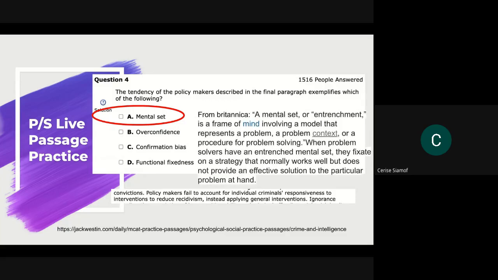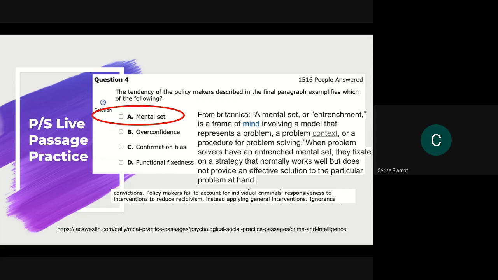So this definition from Britannica is that a mental set is a frame of mind involving a model that represents a problem or a procedure for problem solving. So when problem solvers have an entrenched mental set, they fixate on a strategy that would normally work well, but does not provide an effective solution to the particular problem at hand.